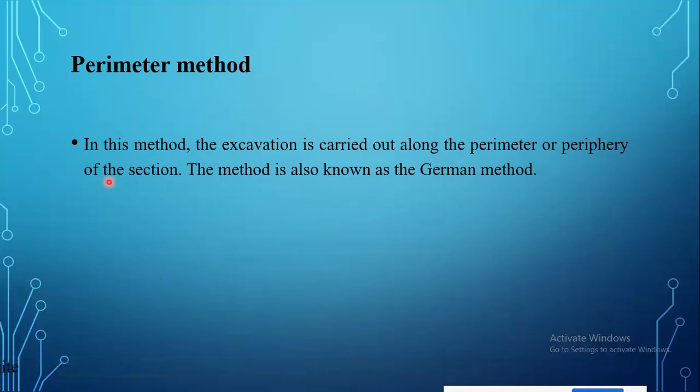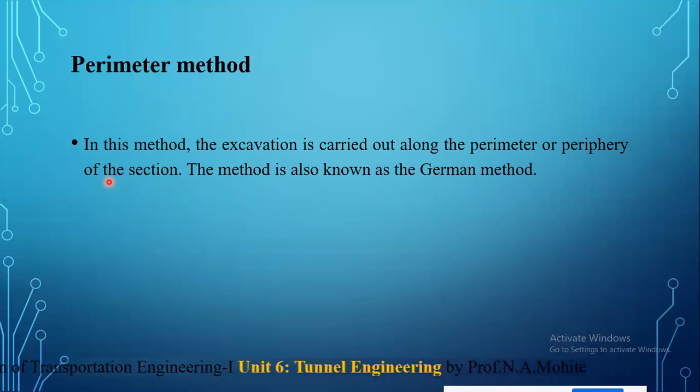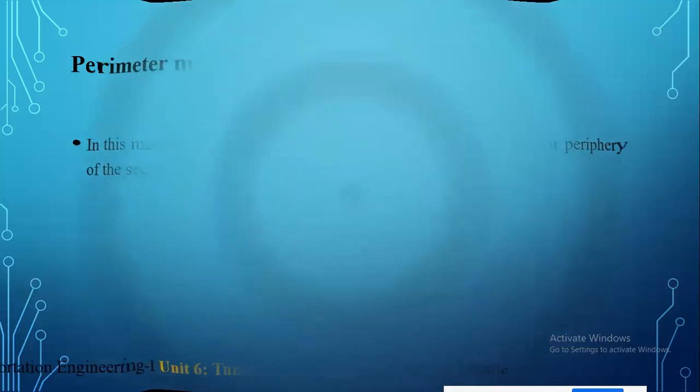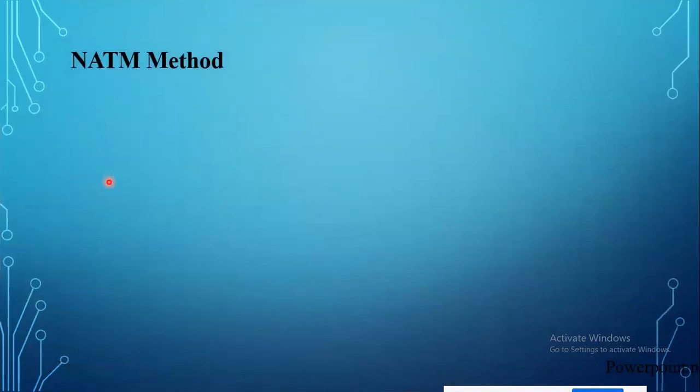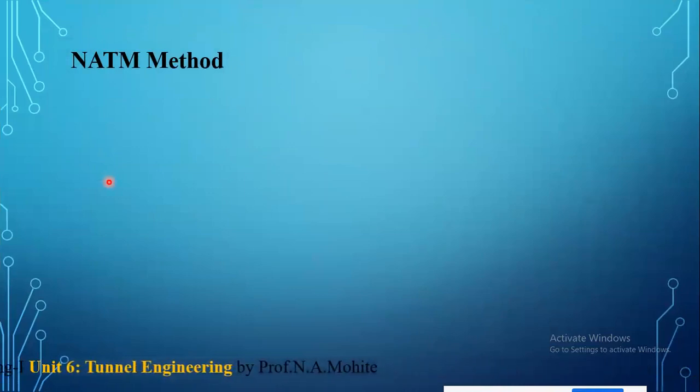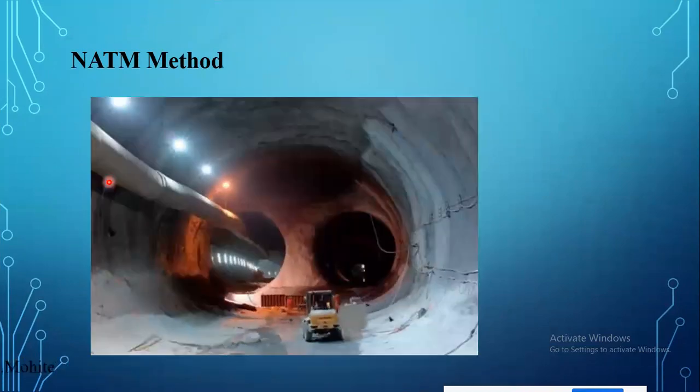But now the last method, which I purposefully did not mention at the starting point, that I am going to tell you. That is the new technique which is mostly used. That is called the NATM method, that is New Austrian Tunnelling Method.